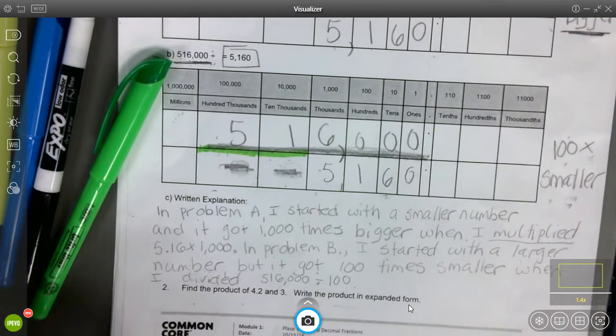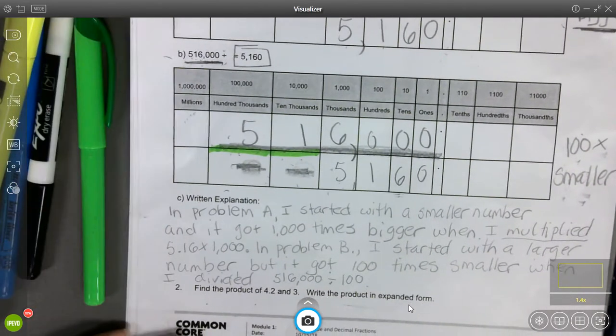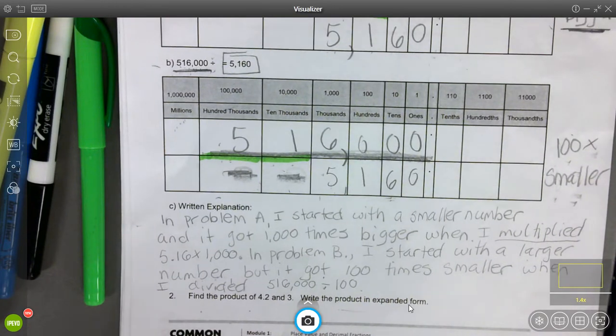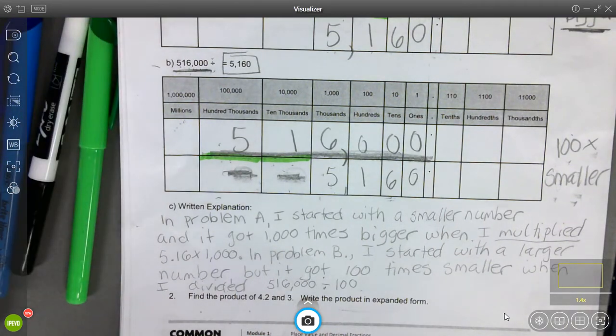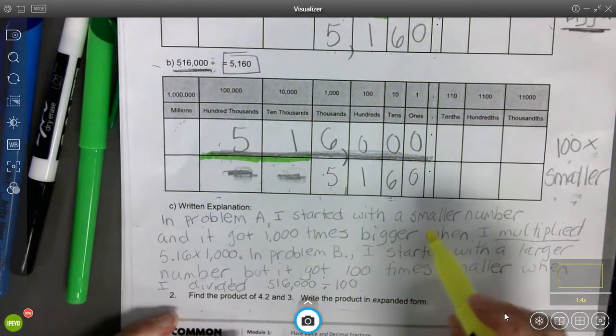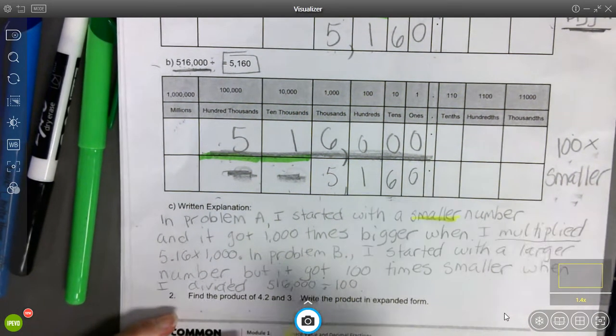Now, knowing this information and this information, we can go ahead and write down our written explanation. You can pause the video if you'd like to take a look at the answer I wrote here. This is what we're looking for. We're looking to see that you're able to say that when you start with a smaller number and you multiply it, it gets bigger.